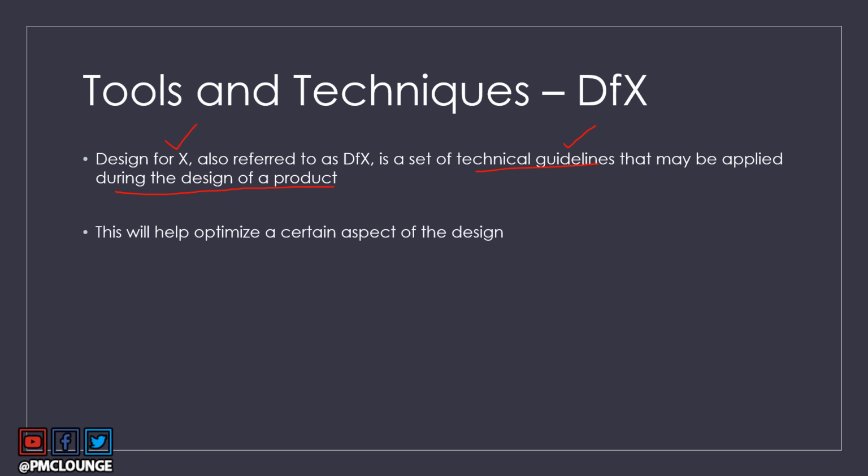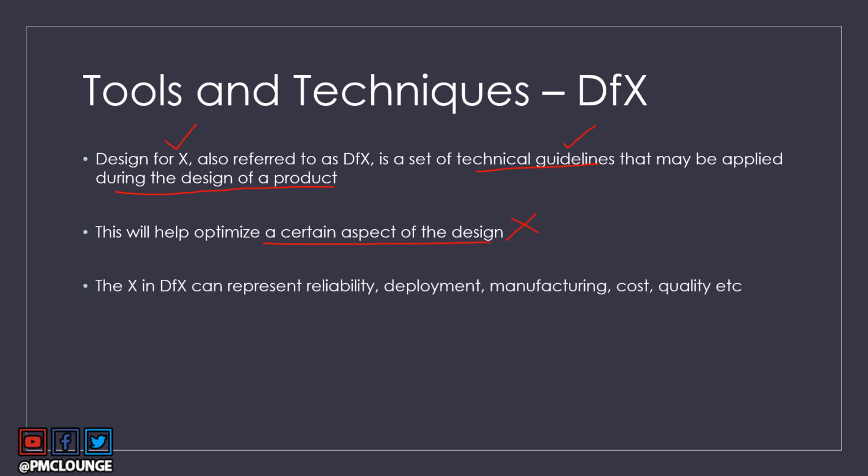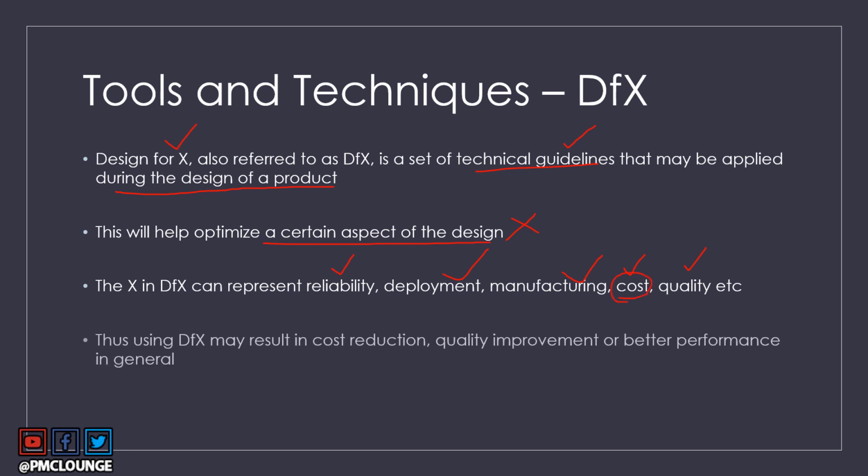This will help optimize a certain aspect of the design, the X. What is the X here? The X in DFX can represent reliability, deployment, manufacturing, cost, quality, anything, right? So if you're designing for, let's say, quality, the result could be cost reduction.